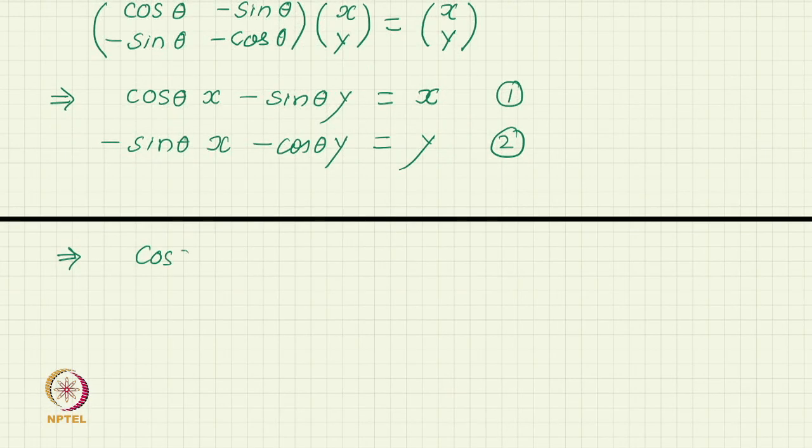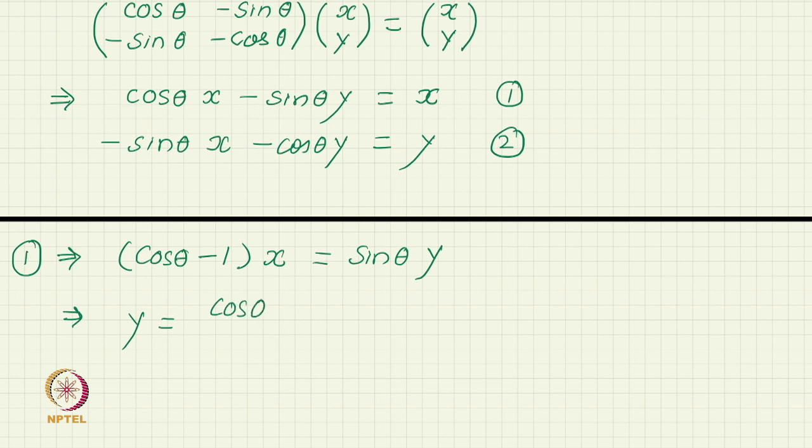So, cos theta minus 1 x is equal to sin theta y, or y is equal to... Can you do some trigonometric simplification of this?